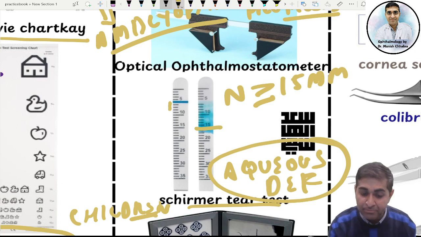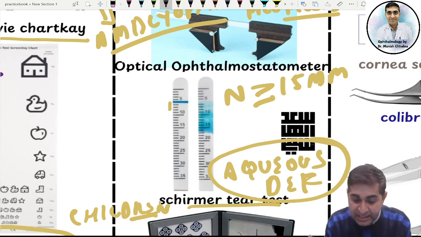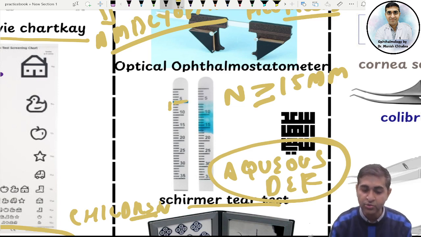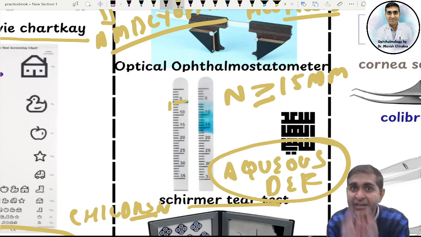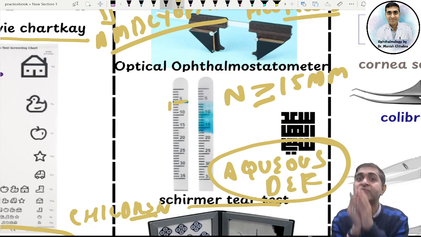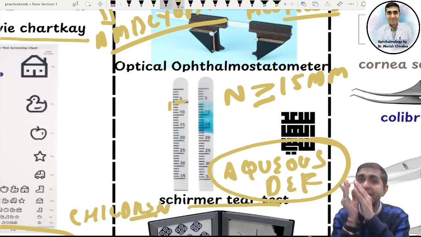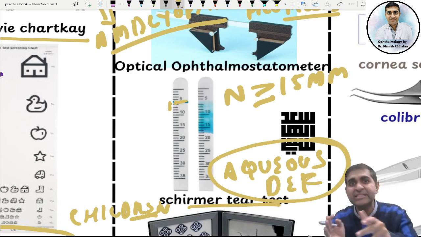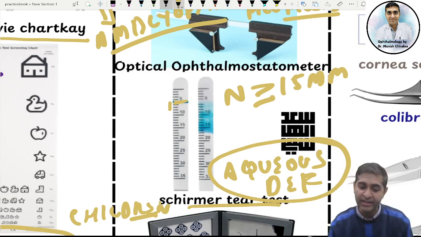On mixing with the tears, it gets diluted and it will move forward. So here you can see that the wetting is nearly 17 millimeter in the one eye, and here it is just restricted to 6. So severe dryness, very severe dryness, is when it is less than 5. 10 to 15 is normal, 7 to 10 is mild, 5 to 7 is moderate, and less than 5 is severe or very severe. Yes.